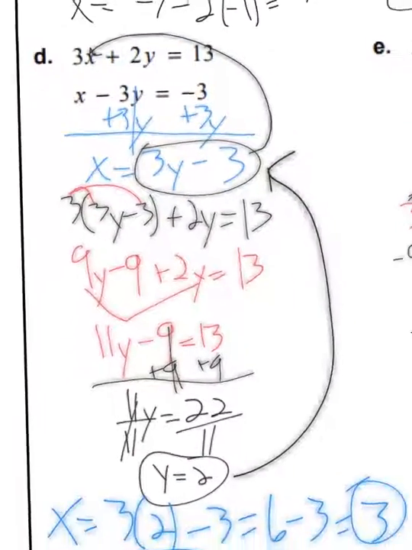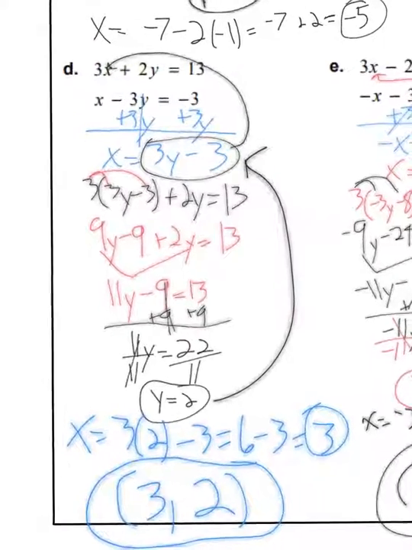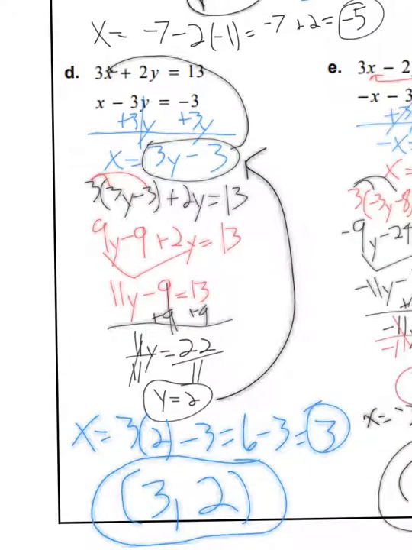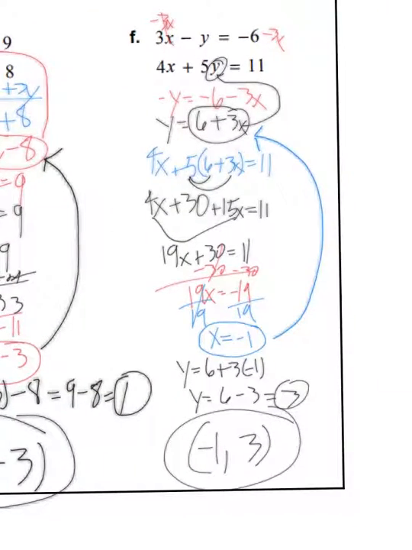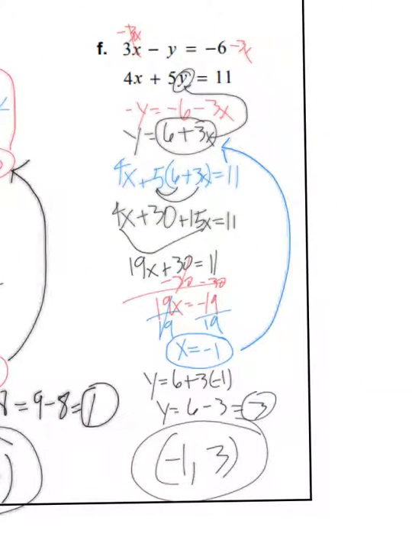For the fourth one, I got 3, comma, 2. For the fifth one, I got 1, comma, negative 3. And for the last one, I got negative 1, comma, 3. So hopefully I didn't make any mistakes.